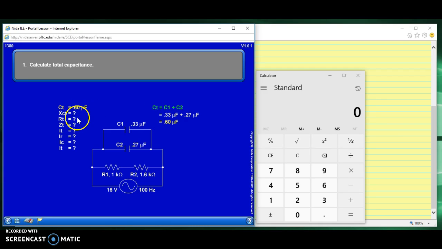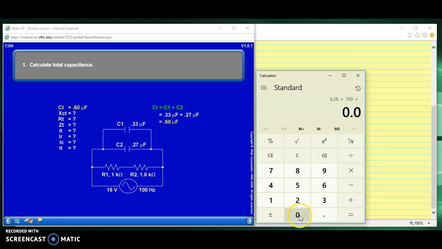To get X of CT, we've got to do 1 over 2 pi FC. So let's do that. Let's say 2 times pi, 3.14, times frequency, which is 100 hertz, times 0.60 microfarads.